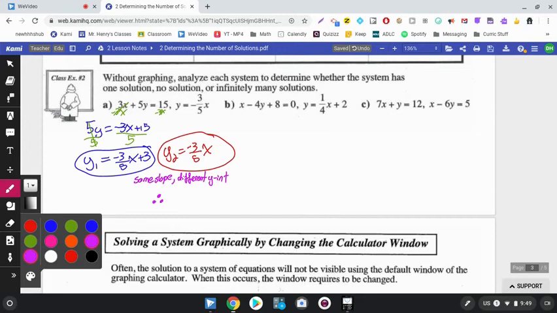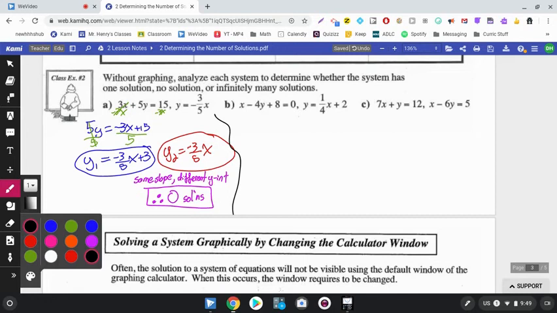So I said same slope, different y-intercept, therefore no solutions. And I stated how I knew it. All you'd have to say is 0 solutions, but it's nice to state why you know that. They are the same slope, but different y-intercepts, so they're parallel lines. They're never going to cross.